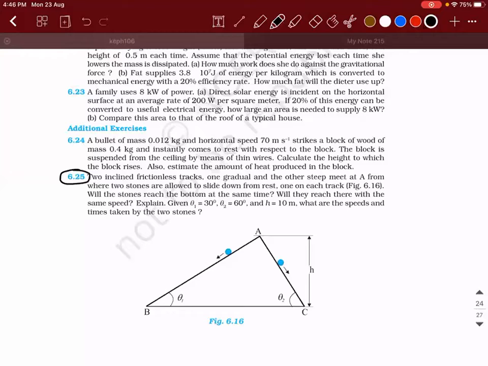There are two inclined frictionless tracks. Whenever you read the word frictionless, your mind should think of conservative forces. One gradual and the other steep meet at a point A where two stones are allowed to slide down from rest. Sliding down from rest means the initial velocity is 0. One on each track. Will the stones reach the bottom at the same time? Will they reach there with the same speed? Will they reach the bottom at the same time is what we need to answer.